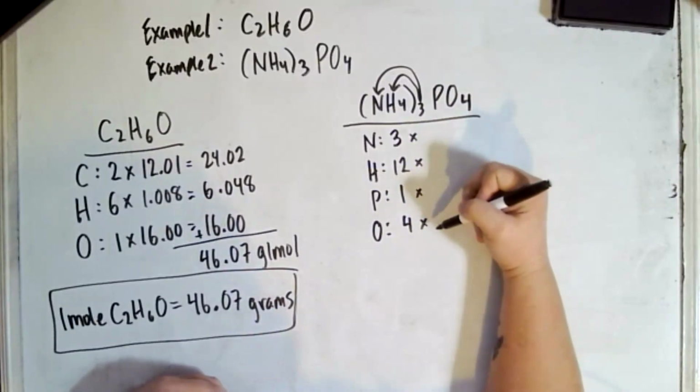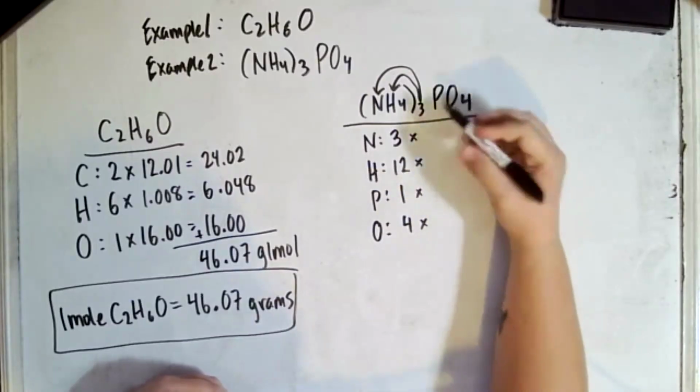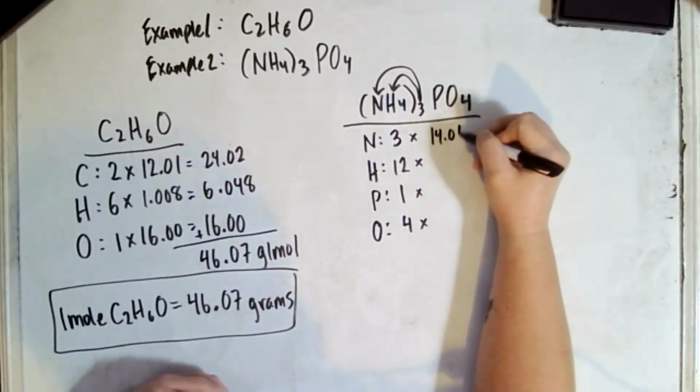And now we're going to multiply these numbers by the molar masses from the periodic table.